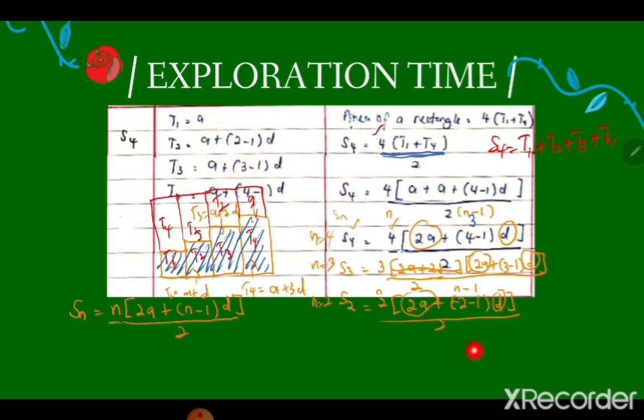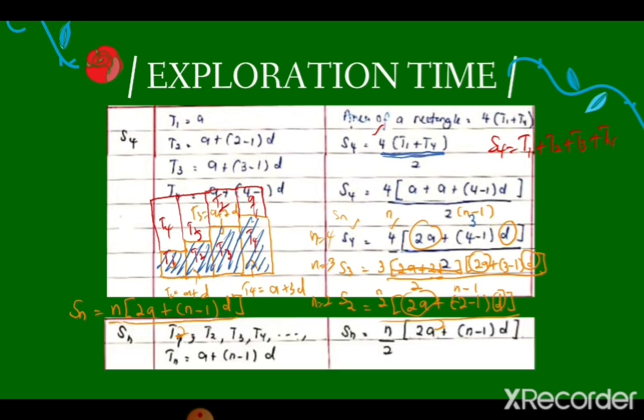So our equation for the sum of the first n terms for arithmetic progression will be Sn equals n over 2 multiplied by the whole 2a plus the multiplication of the common difference d with n minus 1.